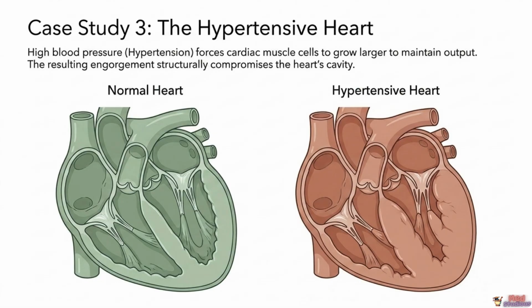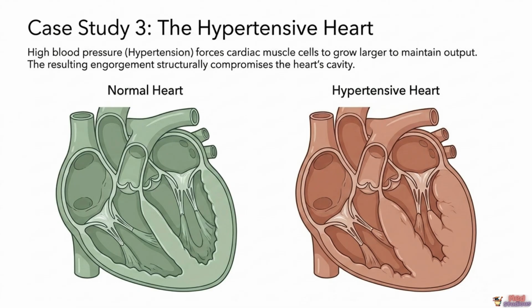Look carefully at the 2 hearts on screen. The heart on the left is normal. Its walls are of appropriate thickness, its chambers have adequate volume, and its structure allows it to efficiently fill with blood during diastole and forcefully eject blood during systole. The heart on the right belongs to a patient with long-standing, uncontrolled hypertension, high blood pressure.